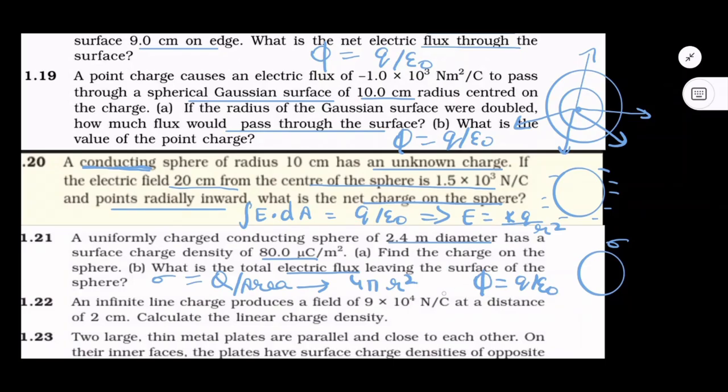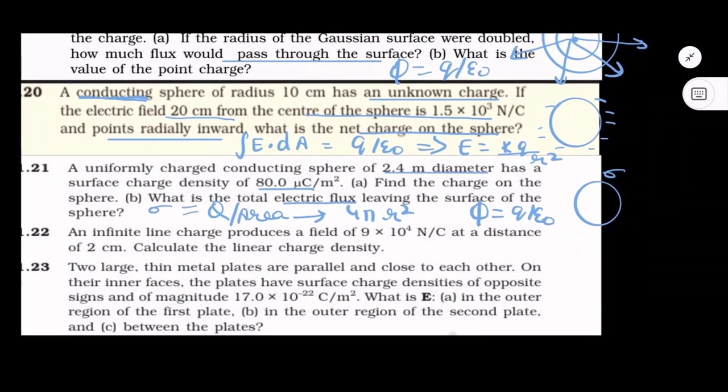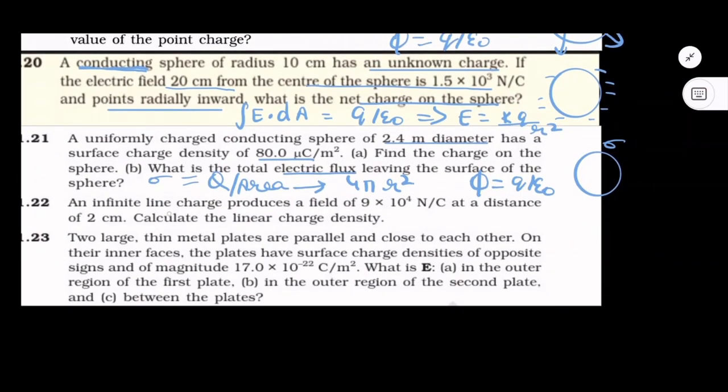Okay, now let's move to the next question, which says that an infinite line charge produces a field of this much at a distance of 2 centimeter. So now you have to calculate the linear charge density.